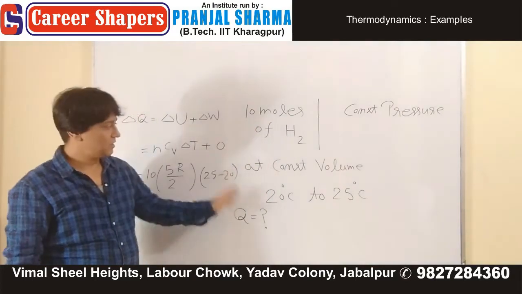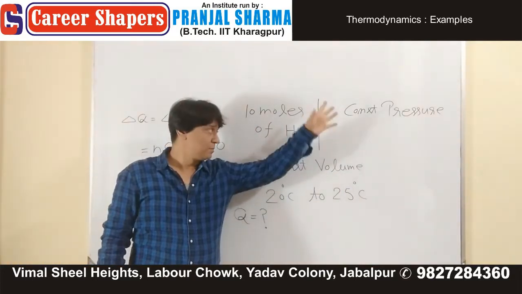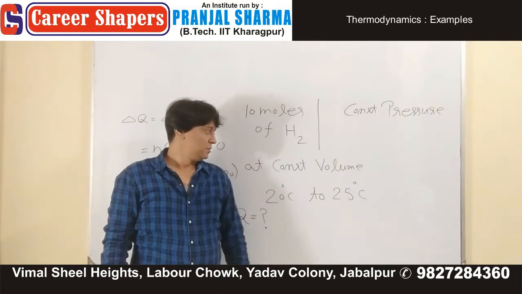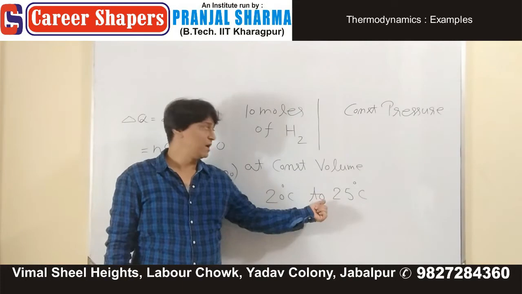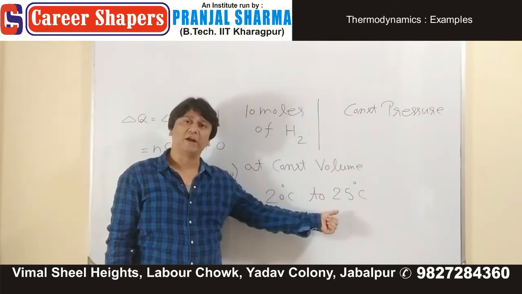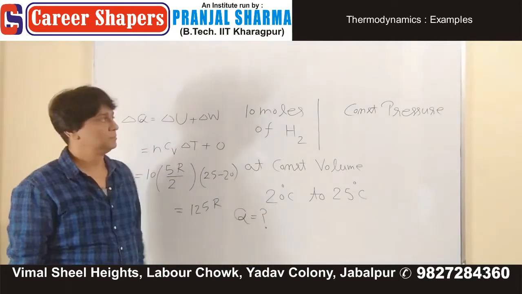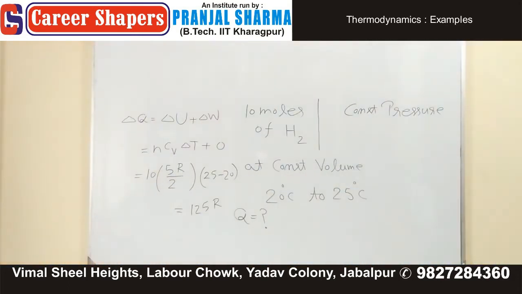At constant pressure, 10 moles of hydrogen gas are heated from 20 to 25. How much heat is supplied? Answer the question fast, it should not take more than 15 seconds.